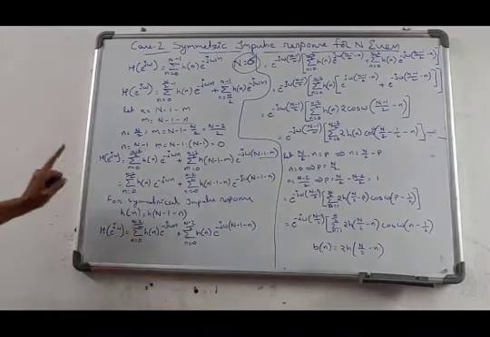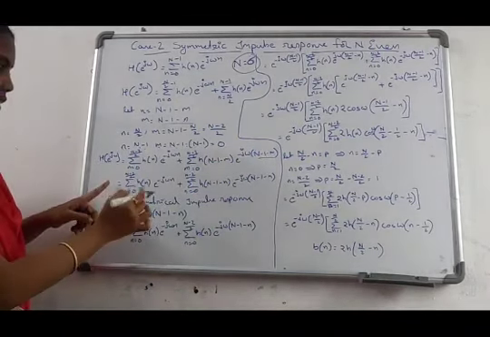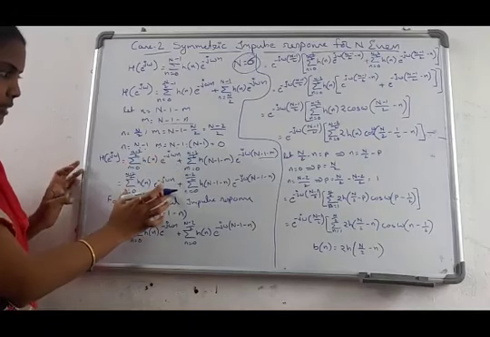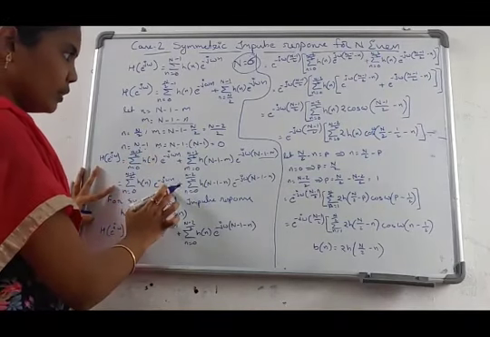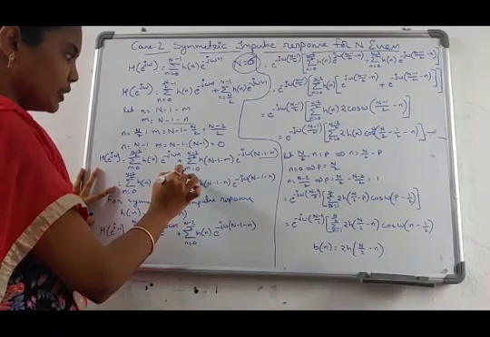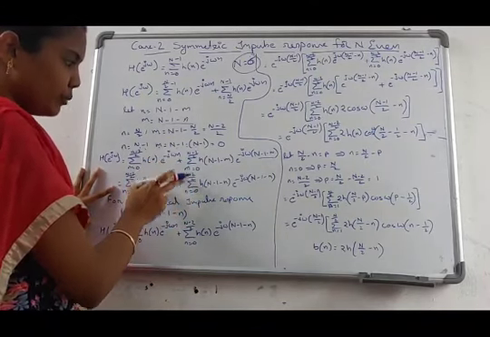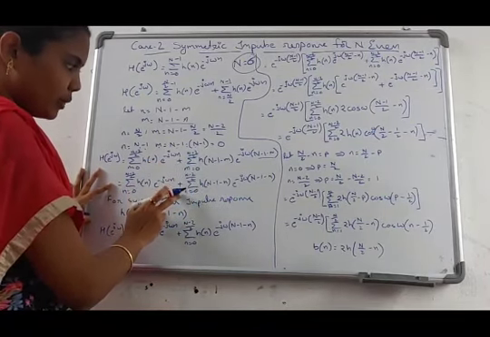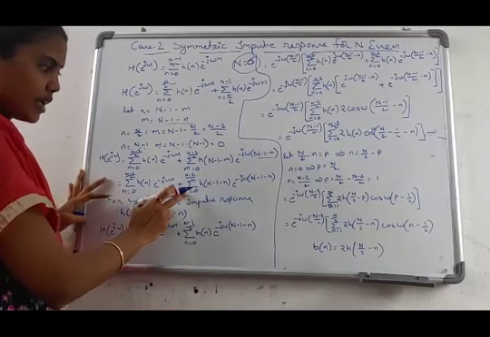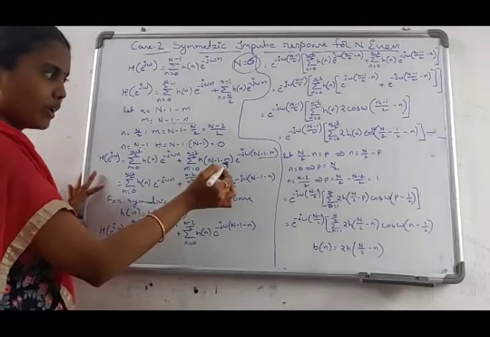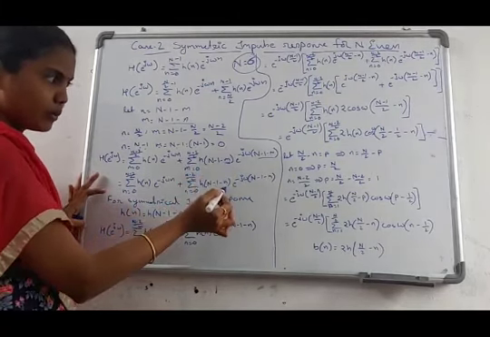Now you can change m to n, so the limits are n is equal to 0 to N minus 2 by 2. Here also you have to change from m to n.